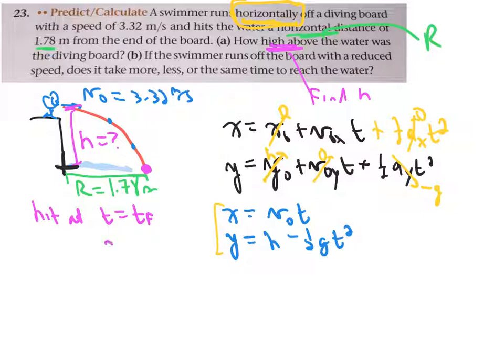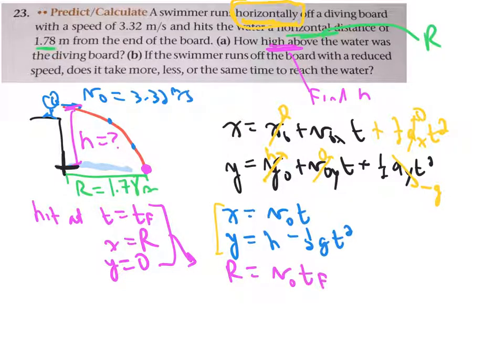We know that x equals the distance R, and y equals 0, because we are R over here, and we're now on the level which was defined as y equals 0. So we can take these and put them into our equations. We end up with R equals v0 t sub f, and 0 equals h minus 1/2 g t sub f squared.